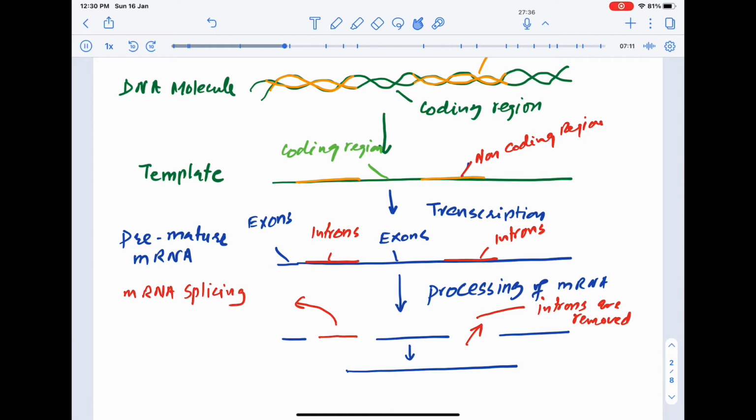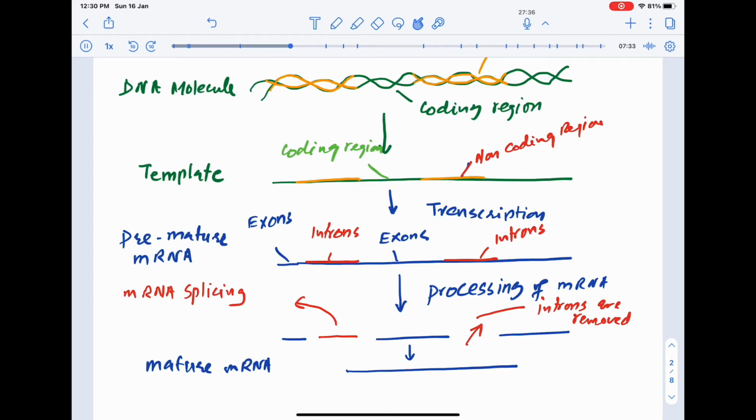And after removal of introns, a completely coding mRNA is formed for the synthesis of proteins, which is now mature mRNA, and it is ready to come out of the nucleus in eukaryotic cells.